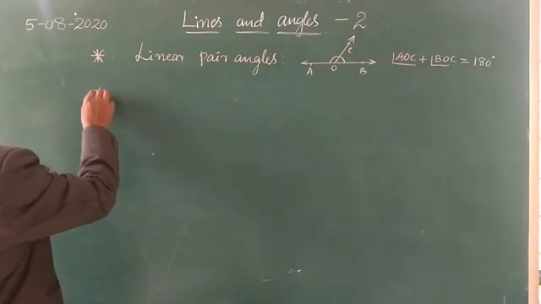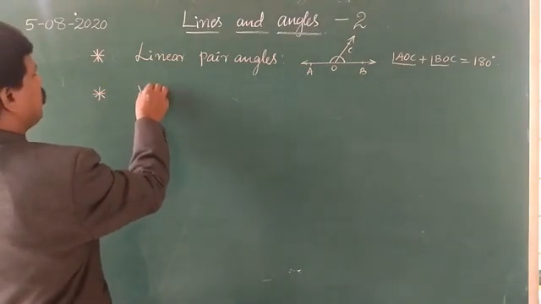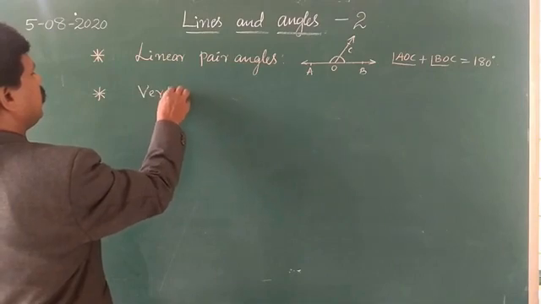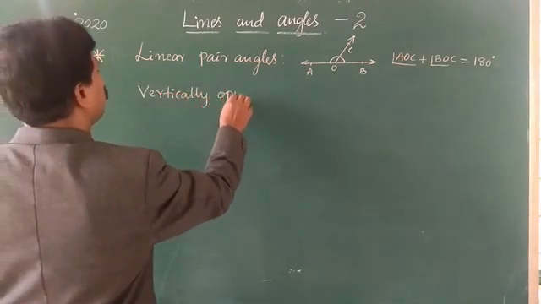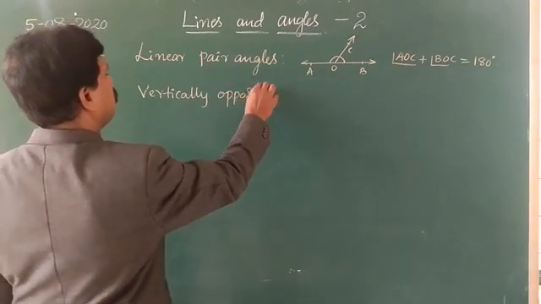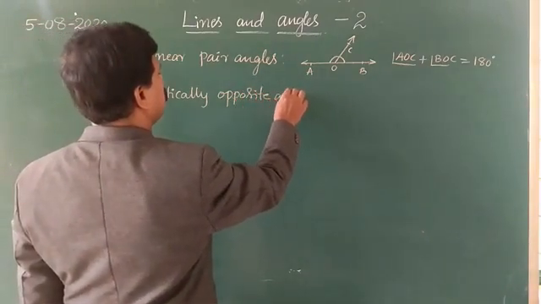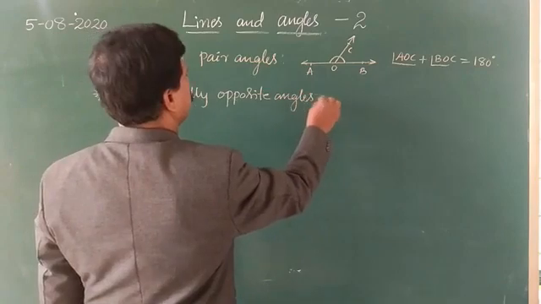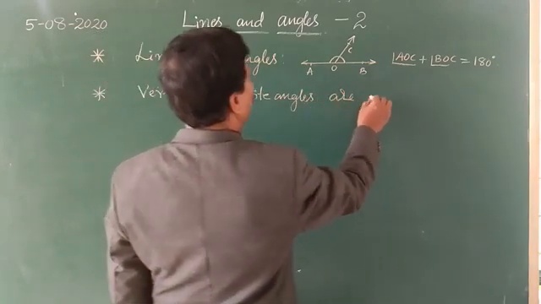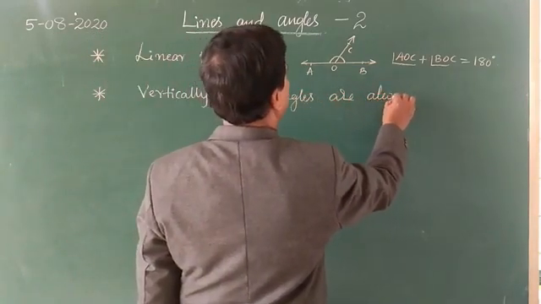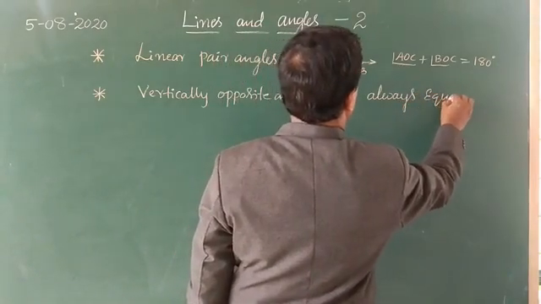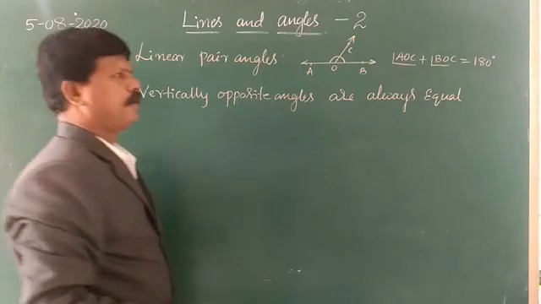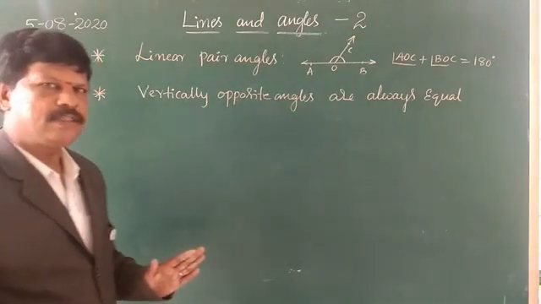The second point is vertically opposite angles. Vertically opposite angles are always equal.